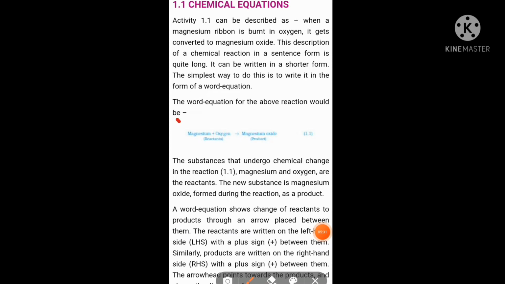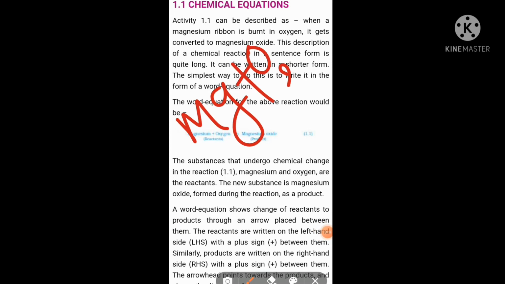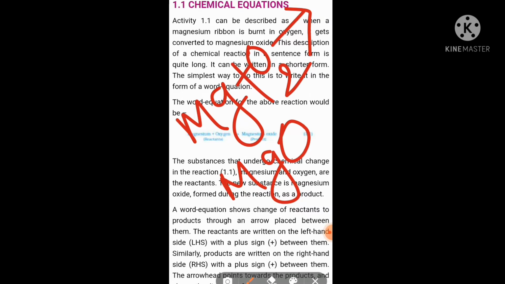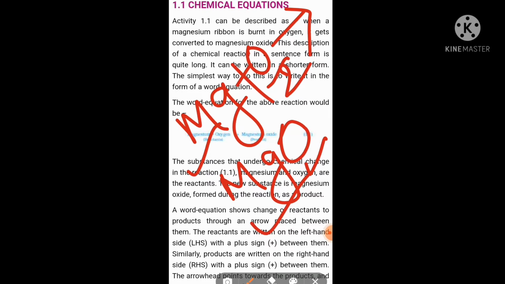A chemical equation is said to be unbalanced if the number of atoms of each element on both sides are not equal, meaning LHS is not equal to RHS. Now see here, magnesium 1, here 1, oxygen 2, here 1. So the number of atoms on both sides are not equal. So it is called an unbalanced chemical equation.